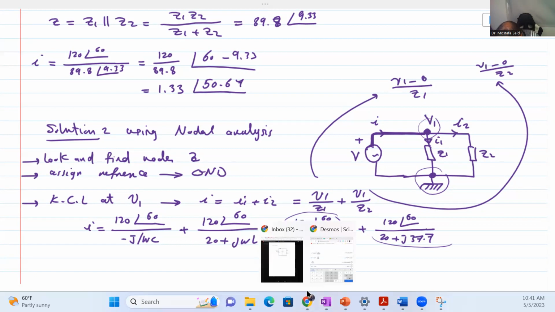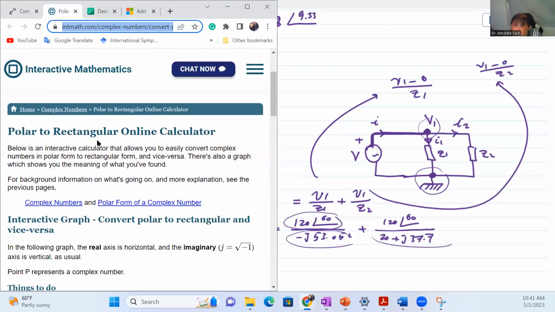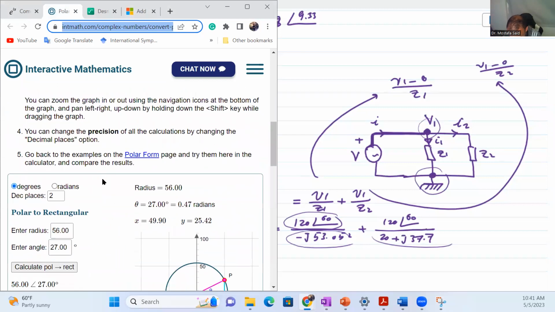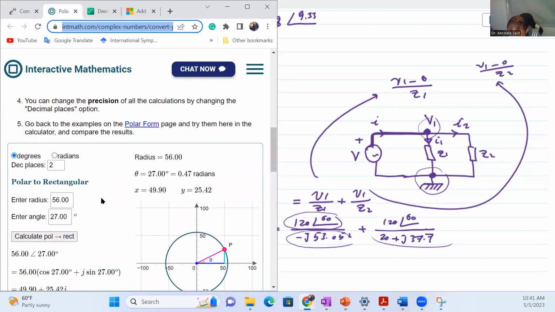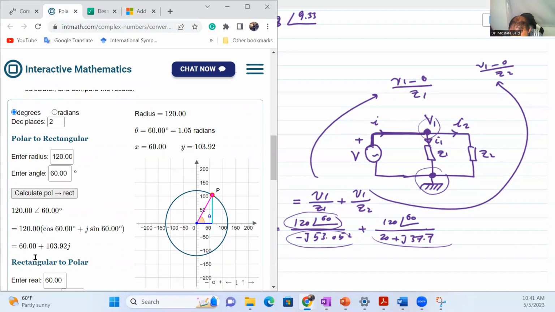So we go to this website, which is for conversion. I enter radius 120, enter angle 60, polar to rectangular.